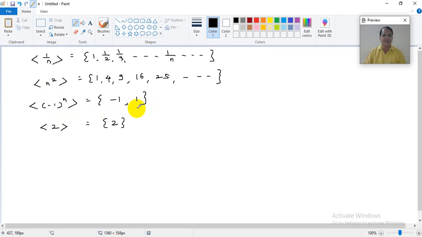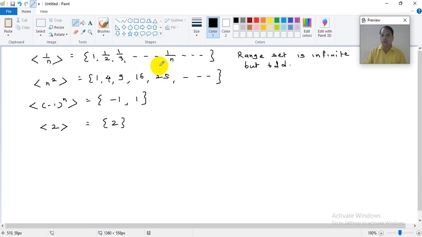So what we can see here, I will talk about the range set of that sequence. The range set here is infinite, but bounded. Why bounded? Because every element in this sequence is greater than 0 and less than or equal to 1.